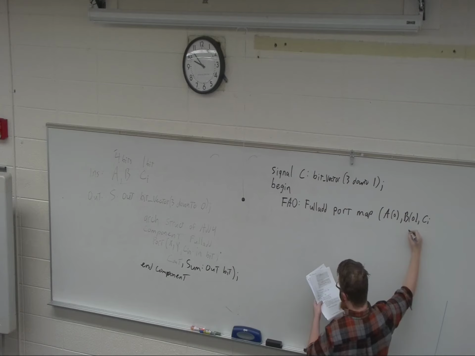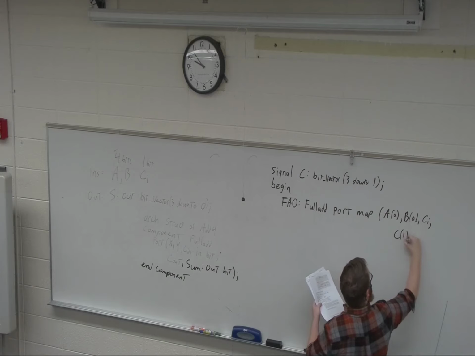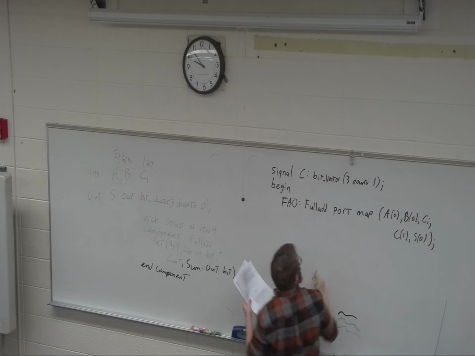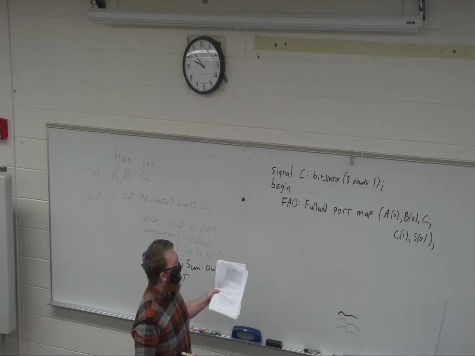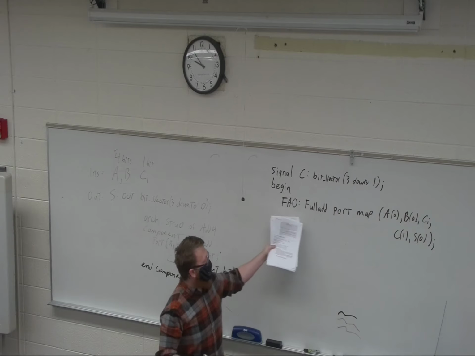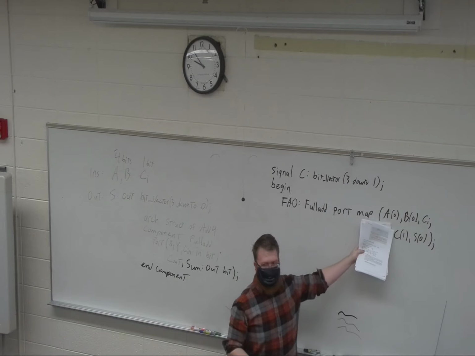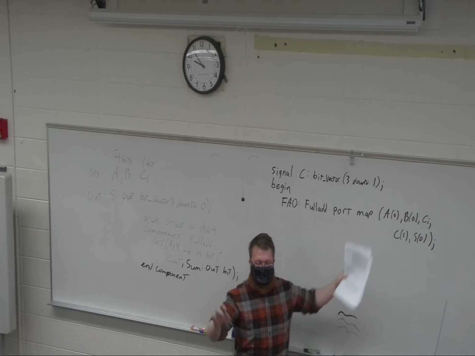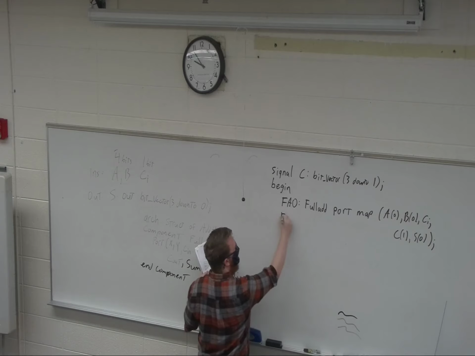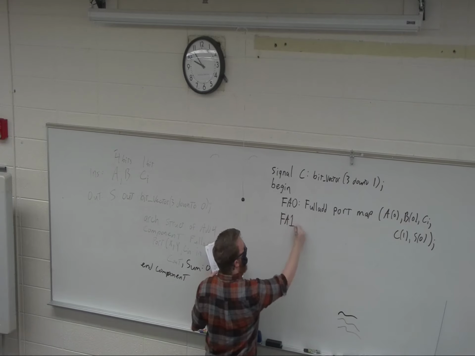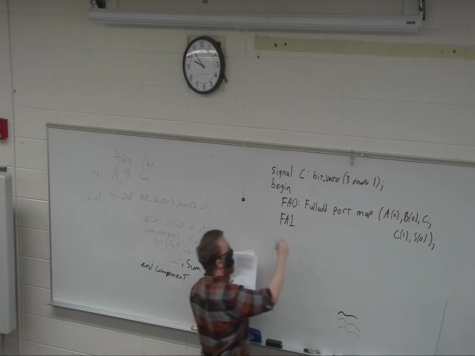This is comma C at 1 and S at 0. Okay, so now I have a map for how the full adder named FA0 is mapping to the inputs of the upper level module. And I can just keep repeating that if I want to put another full adder into this overall entity.